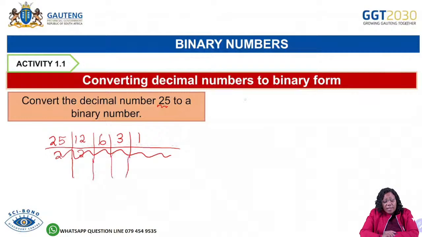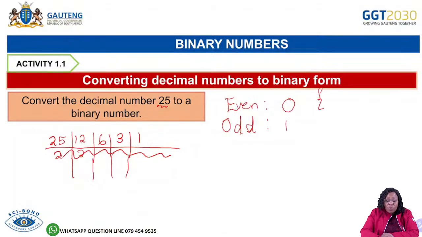The method is saying now, if your number is an even number, then it will take the binary 0. And then if it's an odd number, it will take the binary 1. What do we talk about when we talk even numbers? We talk multiples of 2. That means it's 2, 4, 6, 8, 10, and so forth.